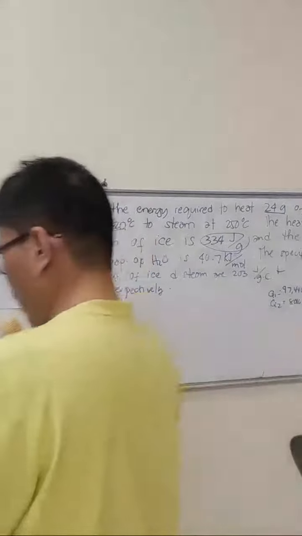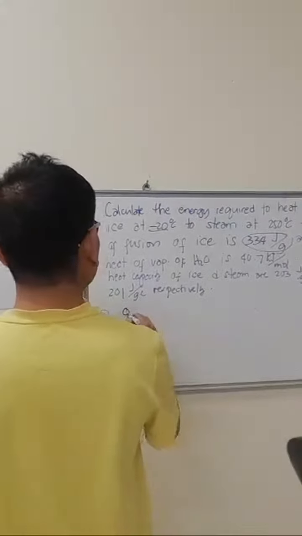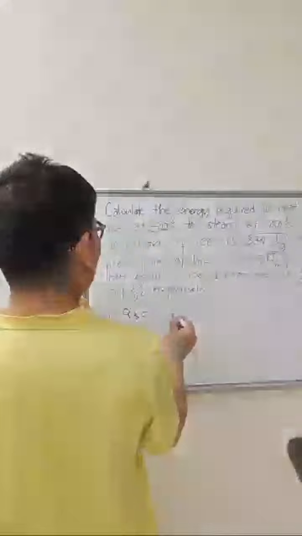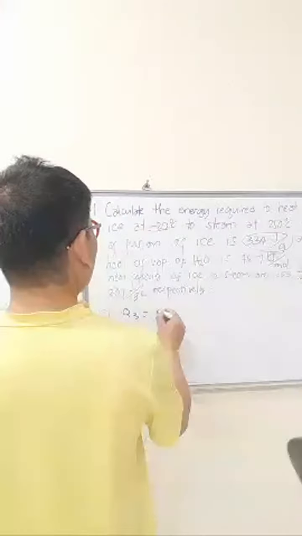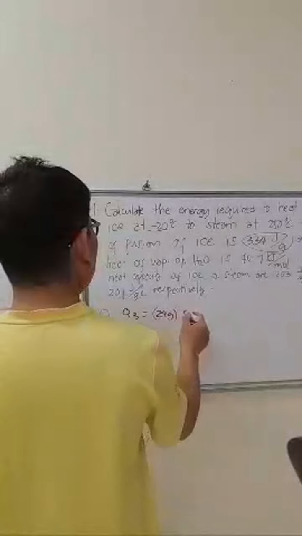So Q3 is from negative 20 degrees Celsius to 100 degrees Celsius, turning into the boiling point of water. Q3 is equal to the mass of the water, still 24 grams originally, right?